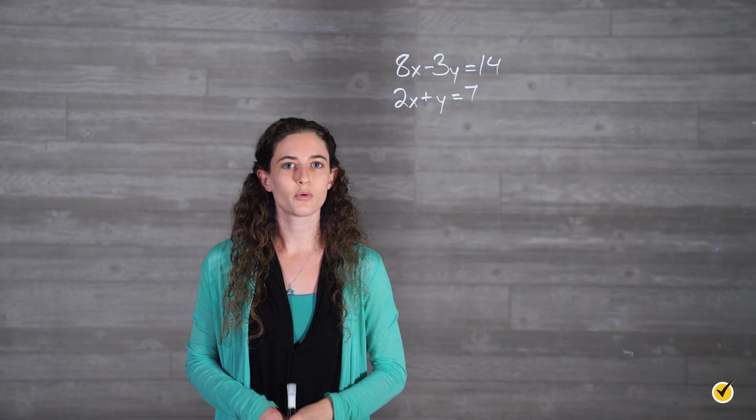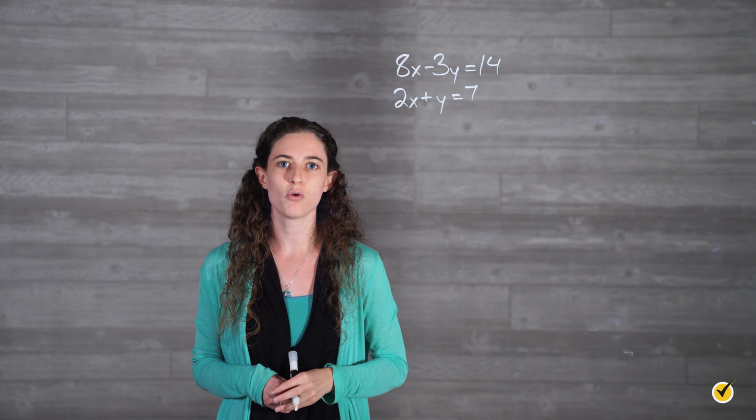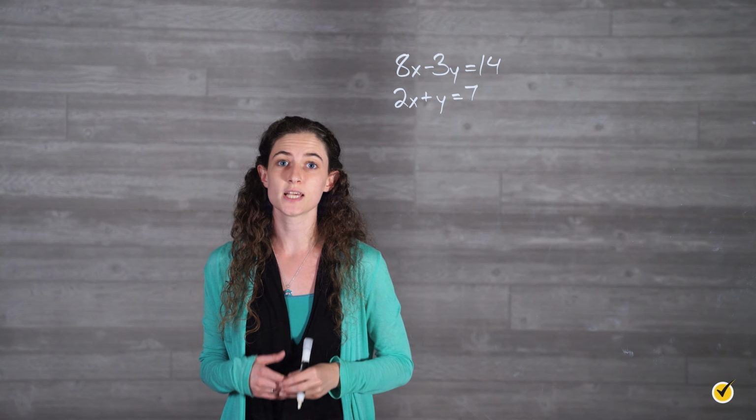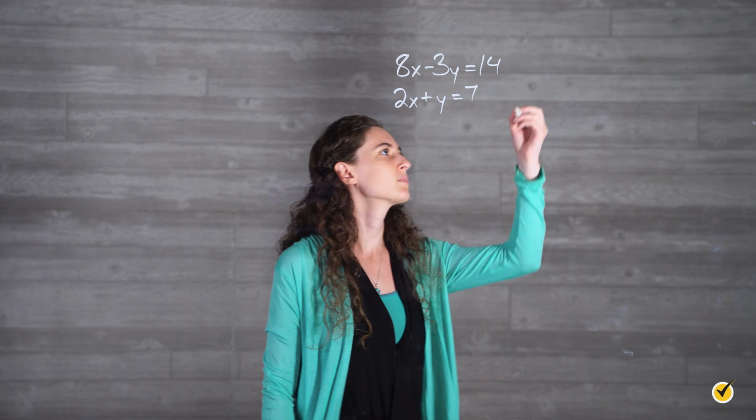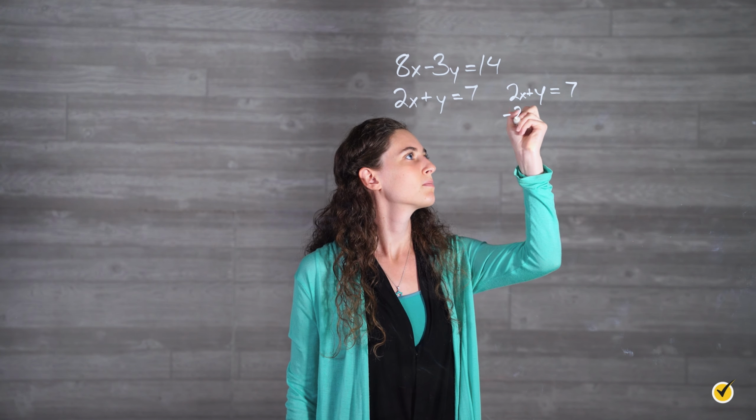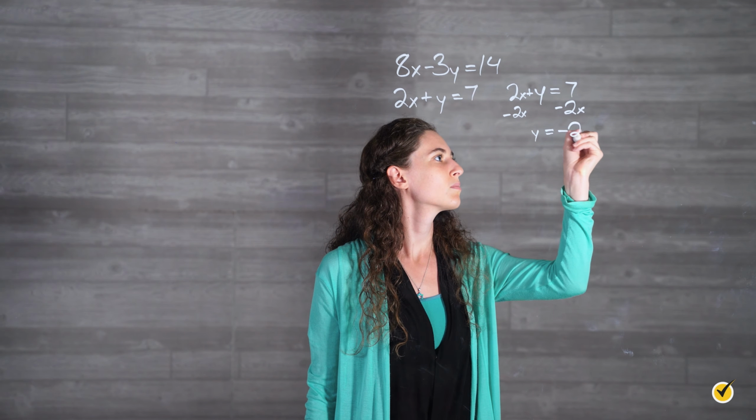Before I ask you to try one more on your own, let's do one more example together. First, solve one of the equations so there's an independent variable on one side. I'm going to solve the second equation for y. Now, we plug in this expression for y in our first equation and solve for x.